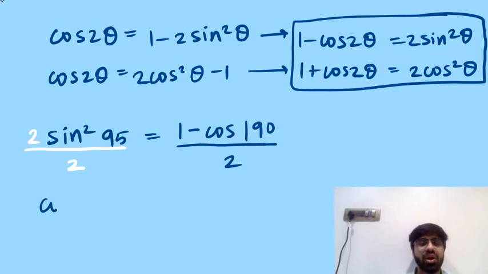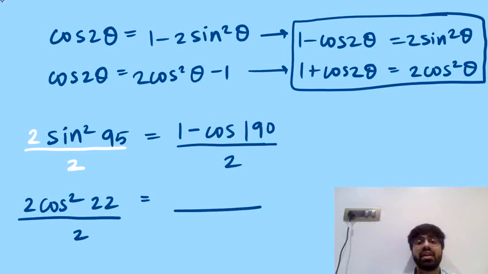In a similar way, what if I ask you cos square 22 degrees? You will first multiply and divide this by 2. 2 cos square 22 can be written as 1 plus cos of something, and that something will be the double of this, that is 44.